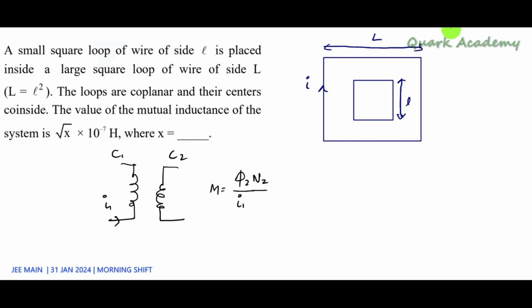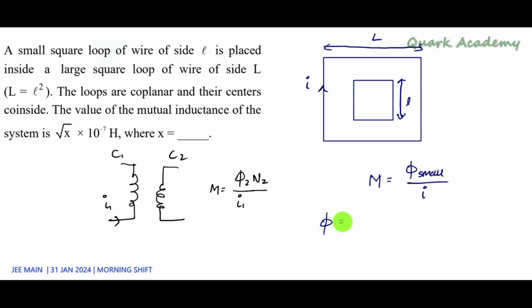In the same way, the mutual inductance is going to be the magnetic flux due to the smaller one divided by the current. So here our aim is to find this magnetic flux linked with this smaller loop.